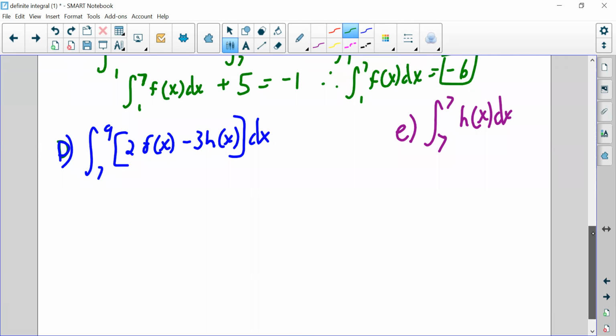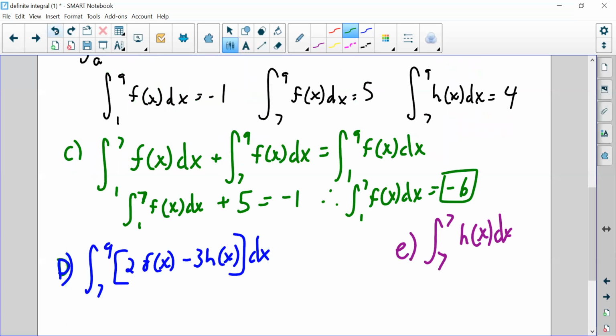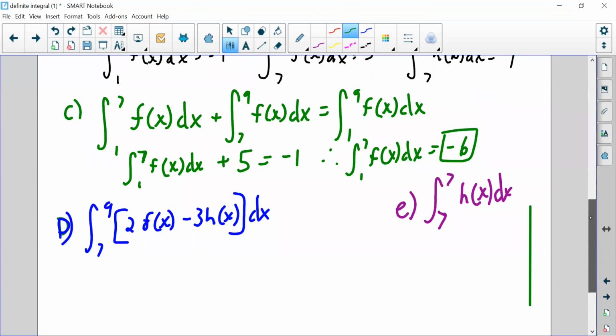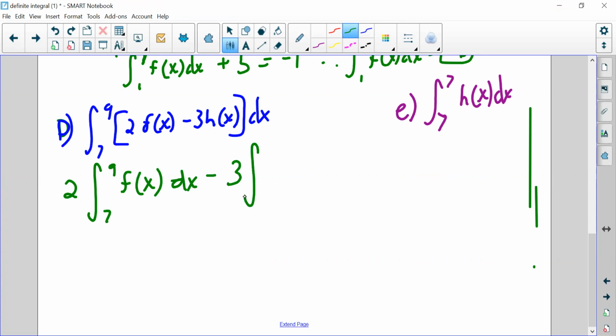All right, so let's see how we can fix this one. What properties do I need to work on for D? Constant. I can bring the constant out. Okay, so I can bring the constant out, and that's 7 to 9 of f of x. And then I can also do my subtraction rule, and I can make this minus and bring that next constant out and distribute my integrals.